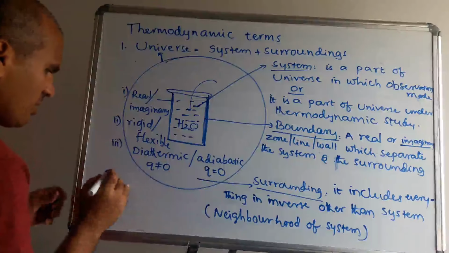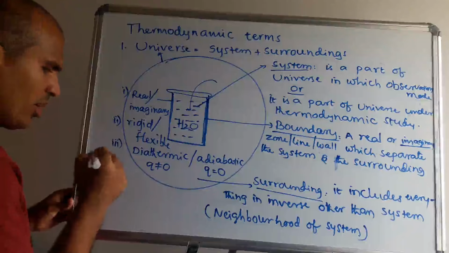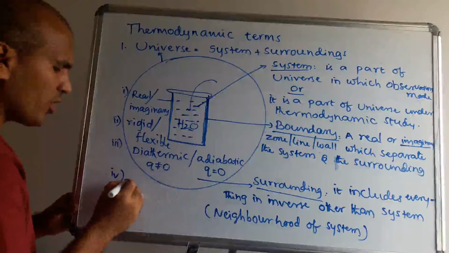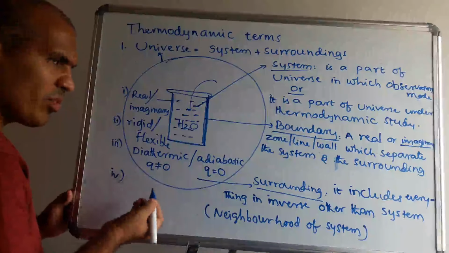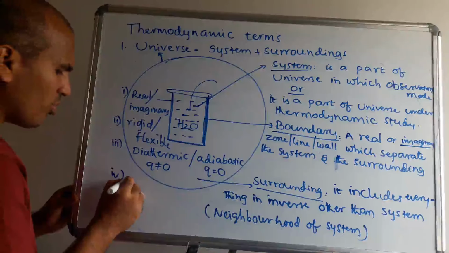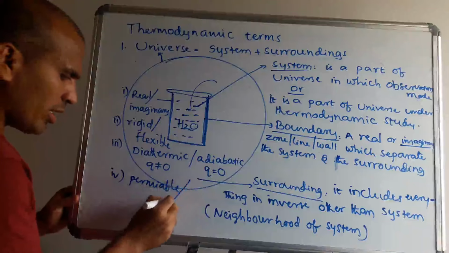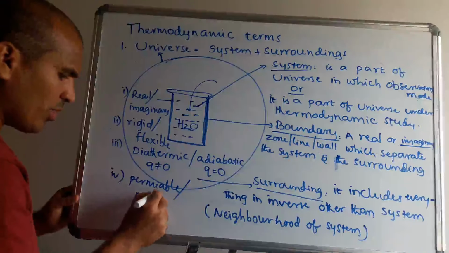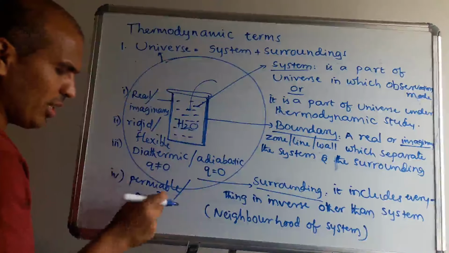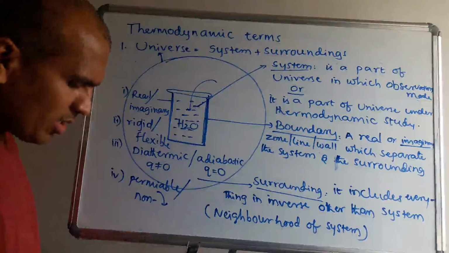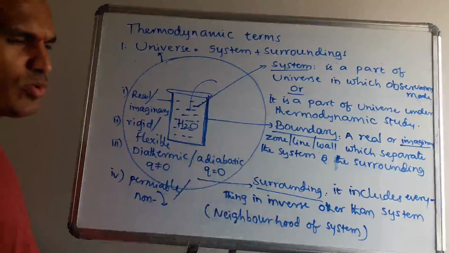Another type is permeable, and the other is non-permeable boundary. Different words are used for these. Permeable means it allows matter to pass.